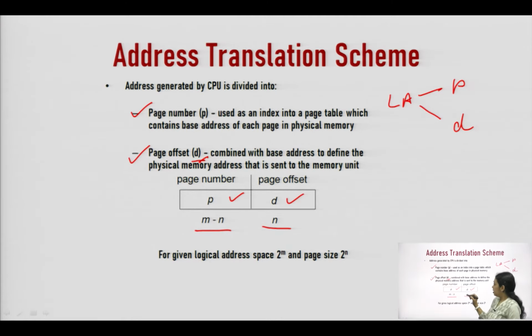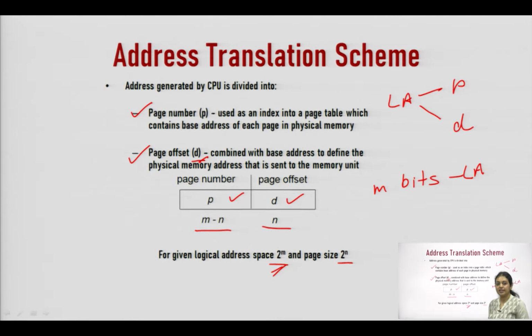Now, let us say we have a logical address space of 2 raised to power m and the page size is 2 raised to power n. Okay. So, the total number of bits required for the logical address is m, because if we have 2 raised to power m size, then the number of bits required is m.